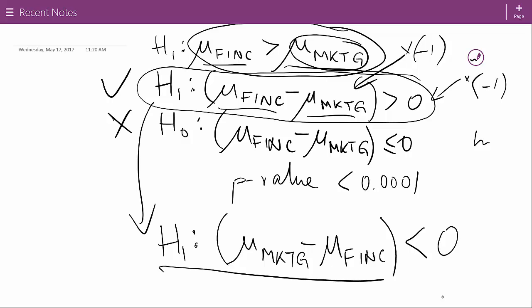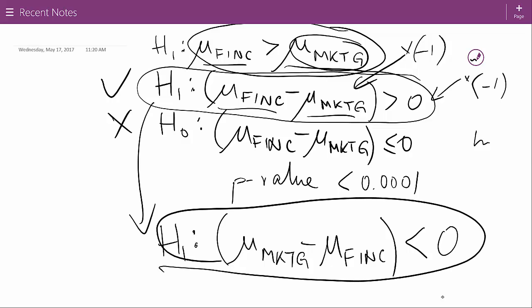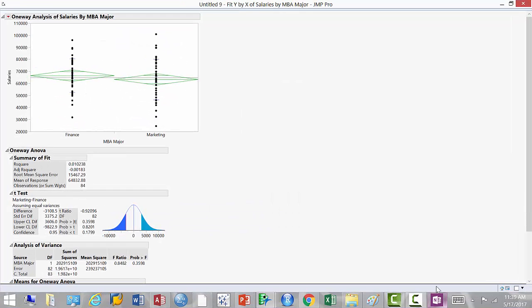So therefore, I have to understand how to write the hypothesis in terms of marketing minus finance. That's the way it is. Okay. So now I'm testing which tail of the distribution? Left tail of the distribution, because it's less than. So with the left tail being tested, I'm looking for probability less than a t-score, the t-ratio.